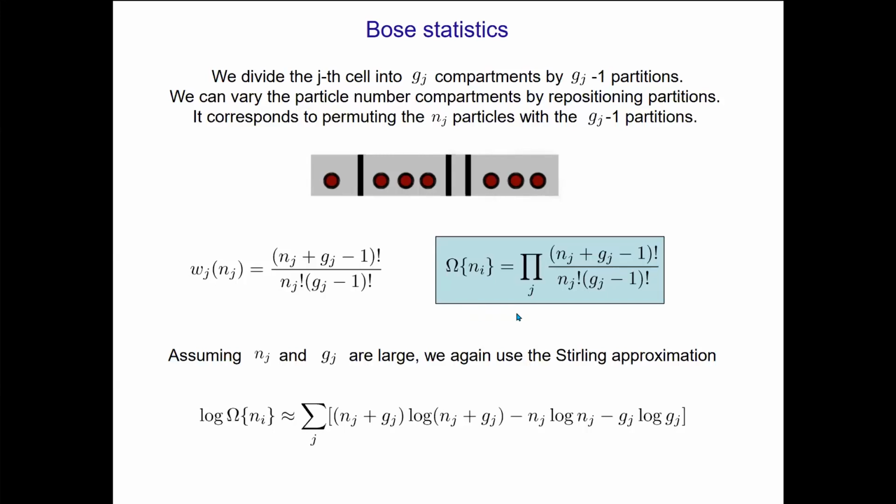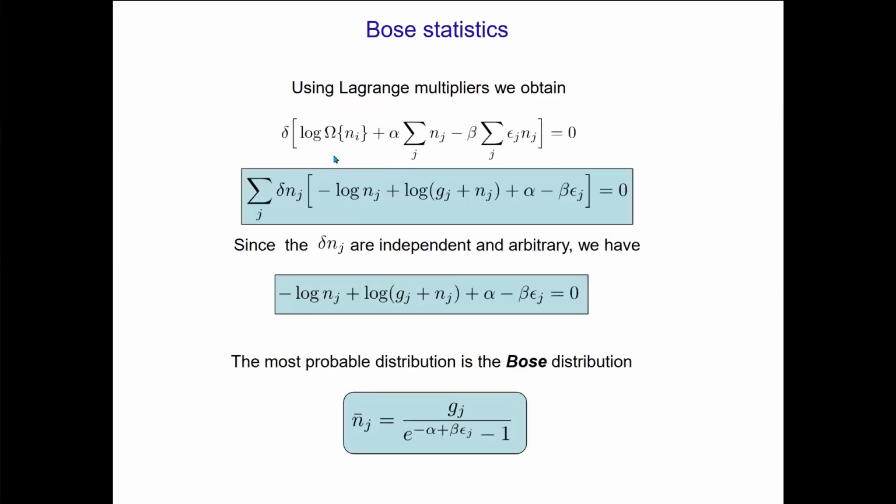Again, the total multiplicity corresponding to a given sequence of occupation numbers will be given by this expression, a product over all possible cells. And again, we take the limit of large Nj and large Gj, approximate by the Stirling formula, and solve again our Lagrange multiplier variational problem.